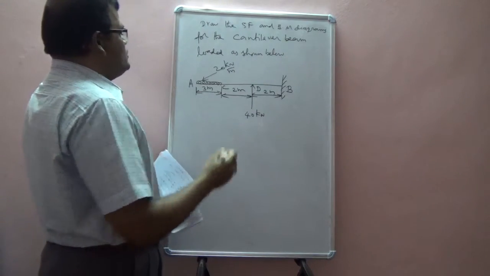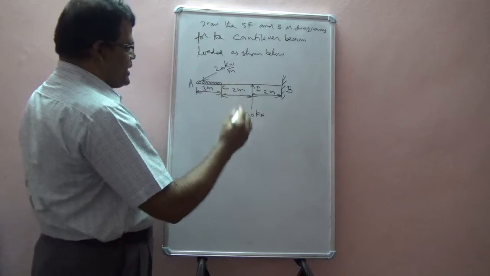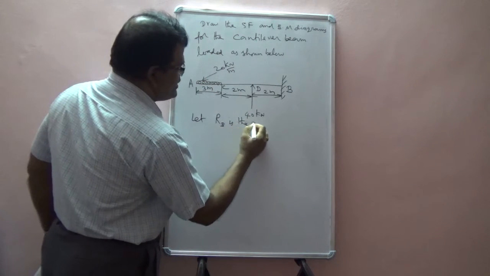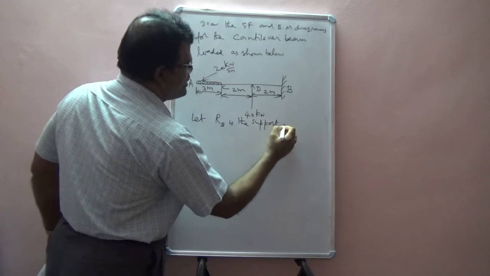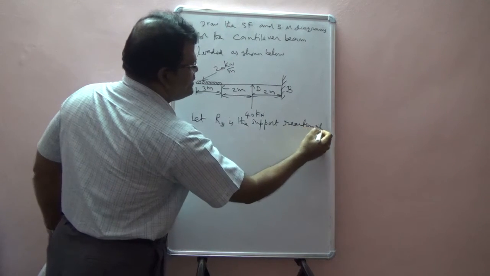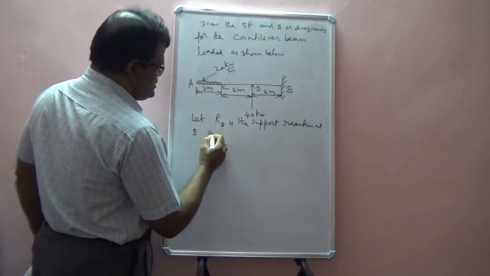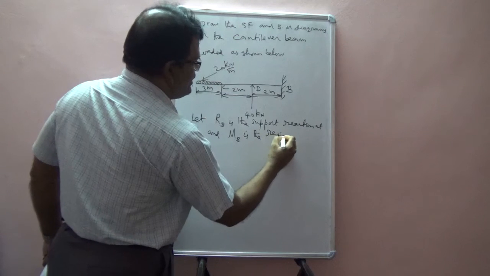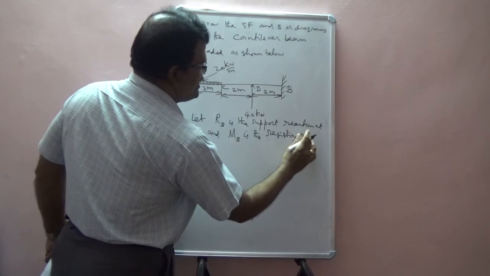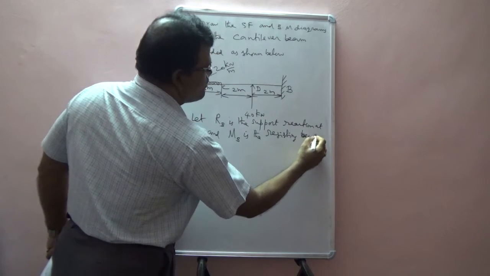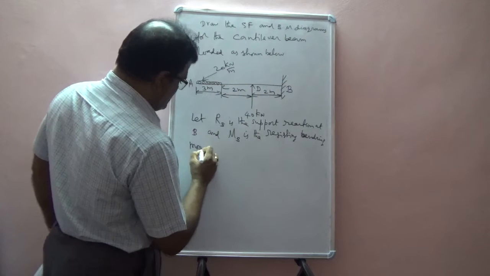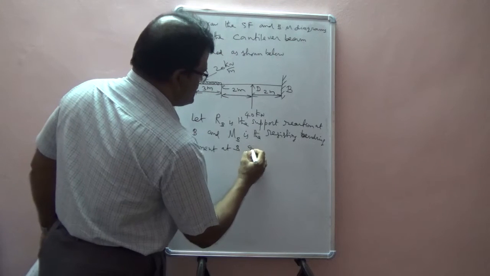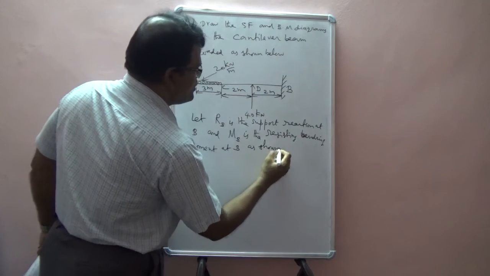It is 2 meter and here also it is 2 meter. Okay. So now what I am going to do is, let R B be the support reaction at B and M suffix B be the resisting bending moment at B, as shown above.